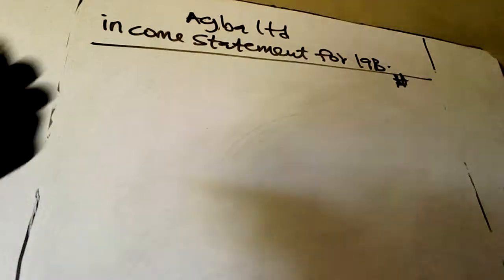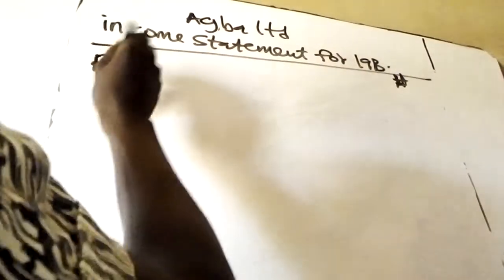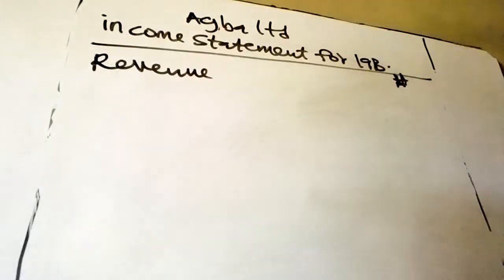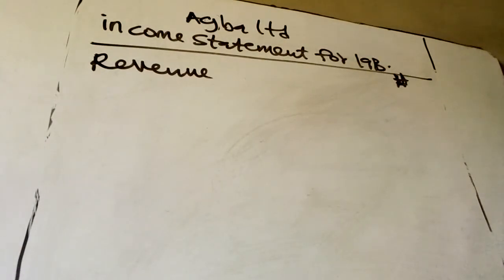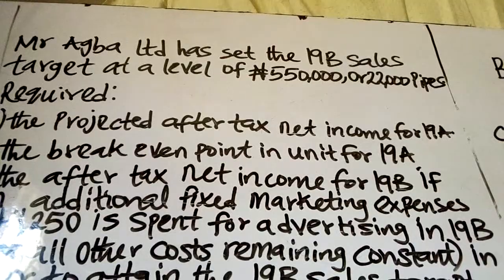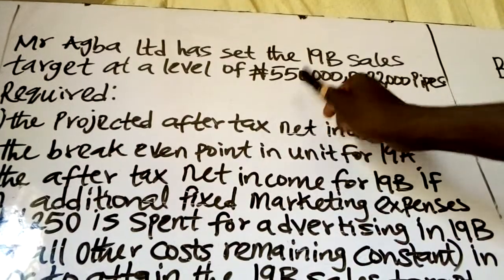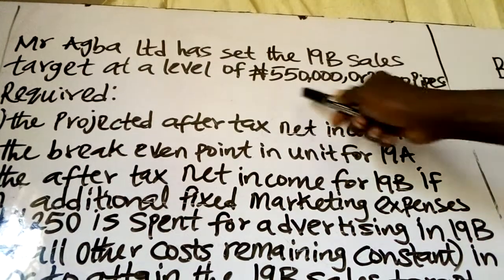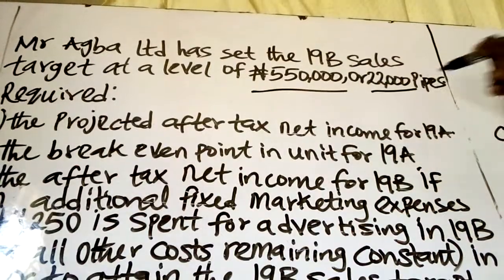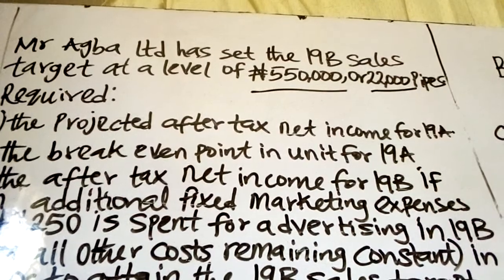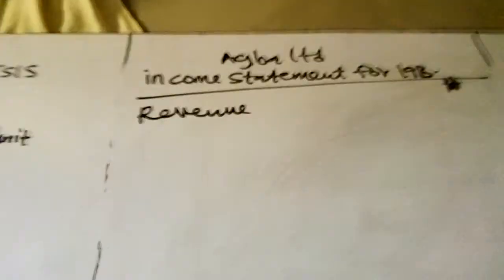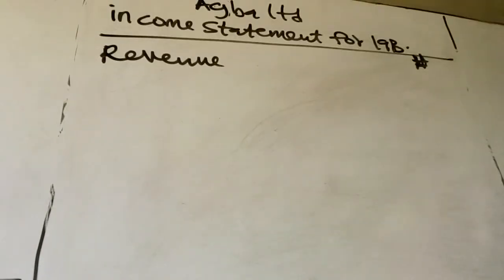So you have your revenue. How much is the sales revenue from 19B? You were told Agba Limited set the 19B sales target at a level of 550,000 or 22,000 pipes. The revenue is 550,000, the number of units is 22,000 pipes. So take note of that. So we now have your revenue, 550,000.